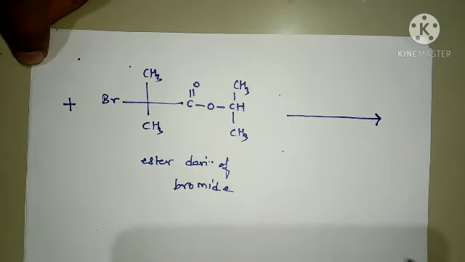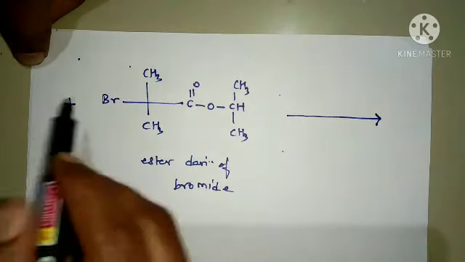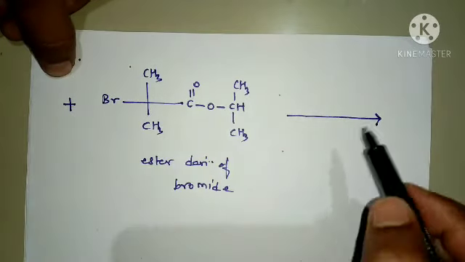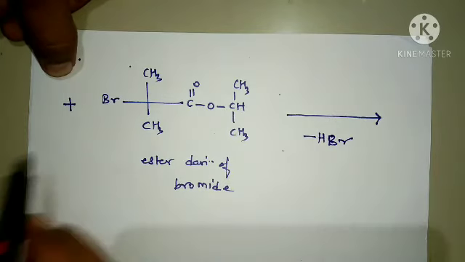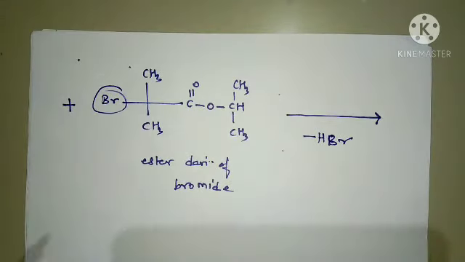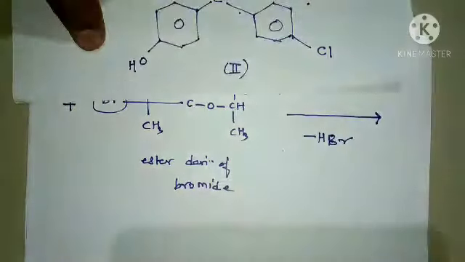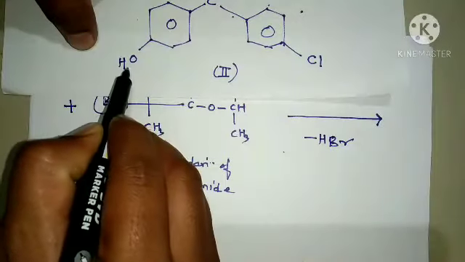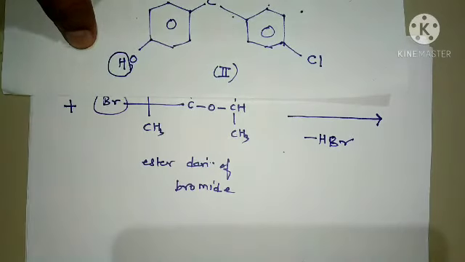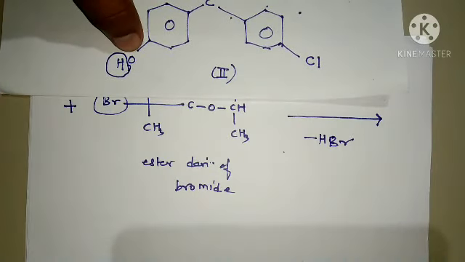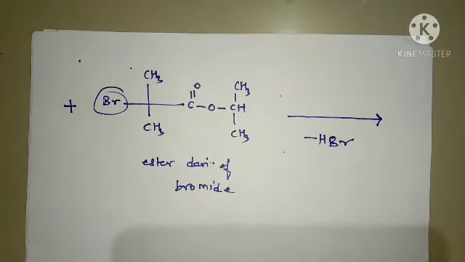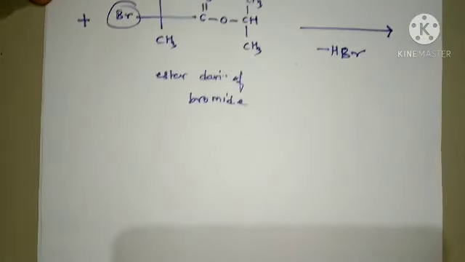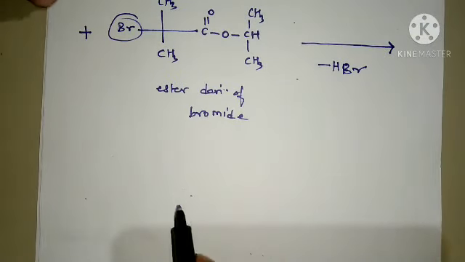Okay, one simple change occurs here, that is removal of an HBr molecule: Br from this reagent and hydrogen from the oxygen, the OH group of the second intermediate. So after removal of HBr, you will get the fenofibrate molecule.